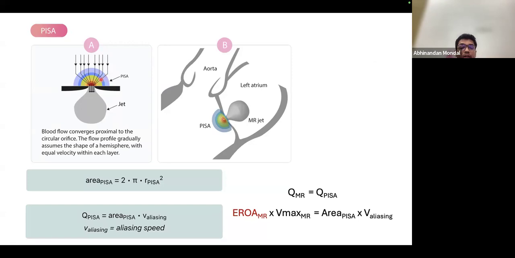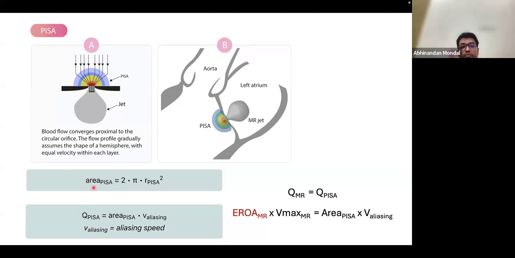Then the machine cannot determine whether the blood is going towards the probe or away from the probe. So that is why this change of color forms an isosurface, with RBCs at a particular speed, your Nyquist limit.